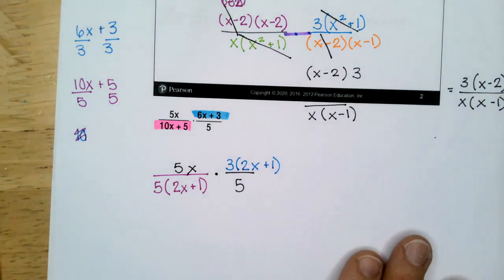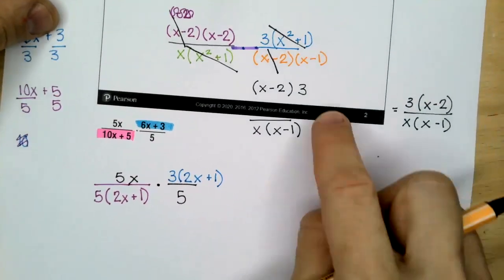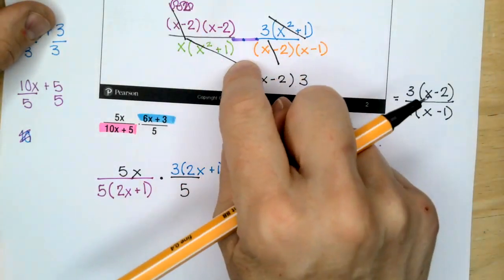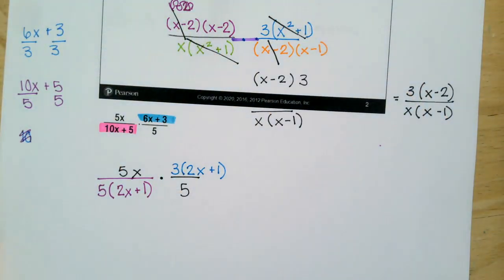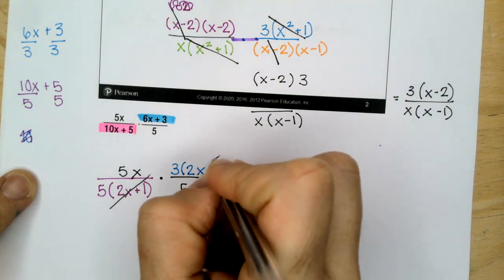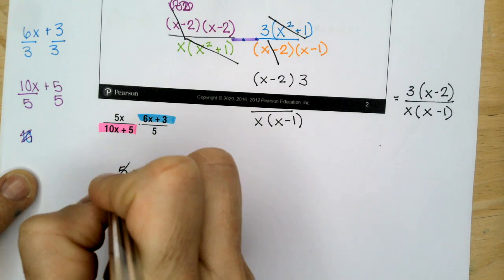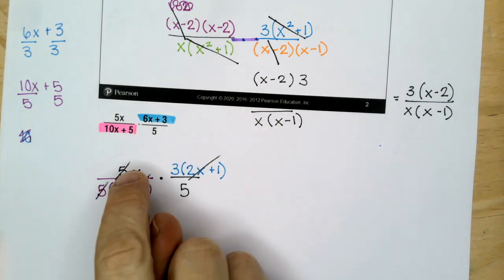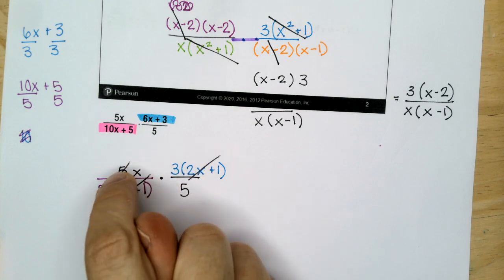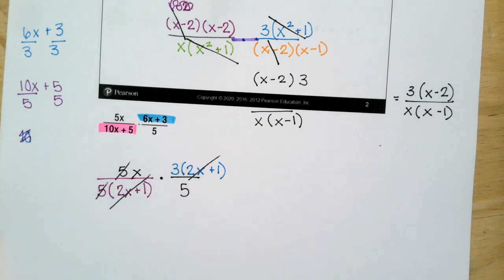Sound good? Okay. Remember, before I rewrote it, I made sure I couldn't cancel anything. These two canceled, these two canceled. So here, I can actually cancel 2x plus 1, 2x plus 1, 5 and 5. Even though that's called 5x, it's actually 5 times x, so those are two separate factors.